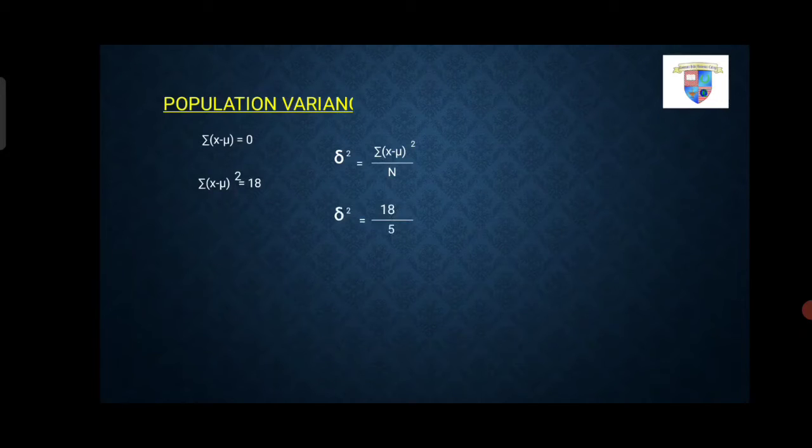Our numerator will be 18, and our denominator n represents the number of data, or the population size. The population size of this is 5. So 18 divided by 5 equals 3.6. So our population variance is 3.6.